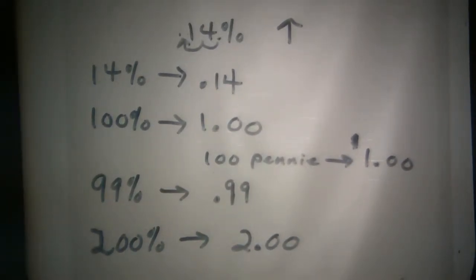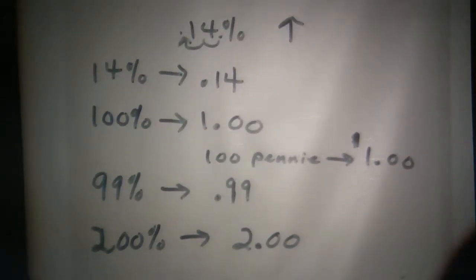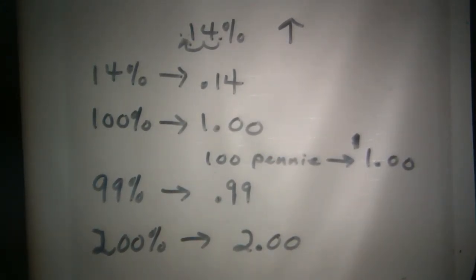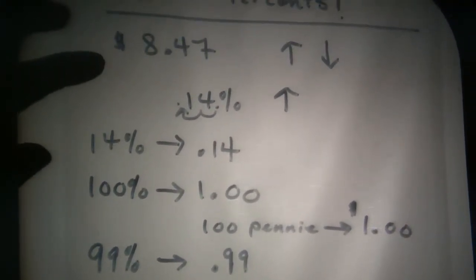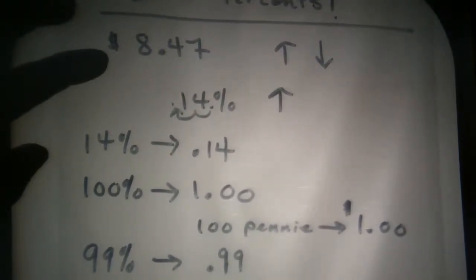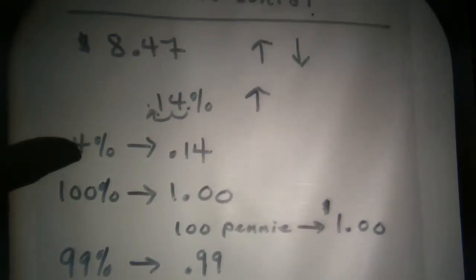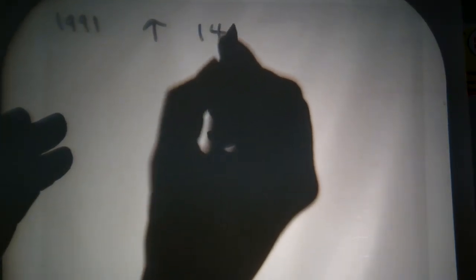Alright, so now, with our chart, it says in 1991, this stock, remember I told you it's an IPO, an initial public offering stock, so it's the first time it's open for sale. It started out at the price of $8.47 in 1990. In 1991, it increased in 1 year's time by 14%. We determined that's 0.14. So at this point, you can get out your handy dandy calculator if you choose.